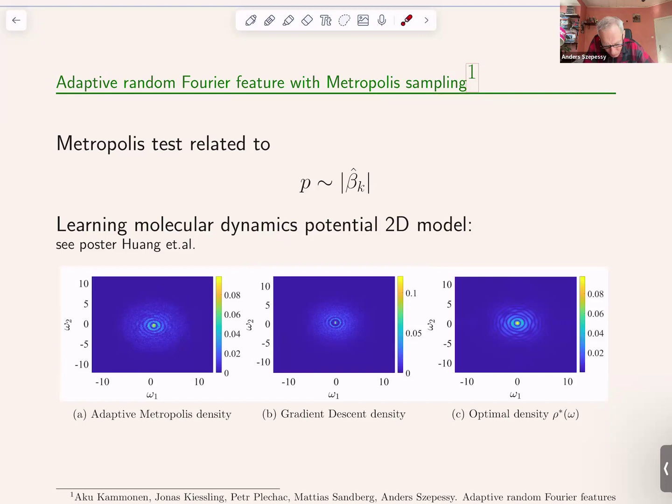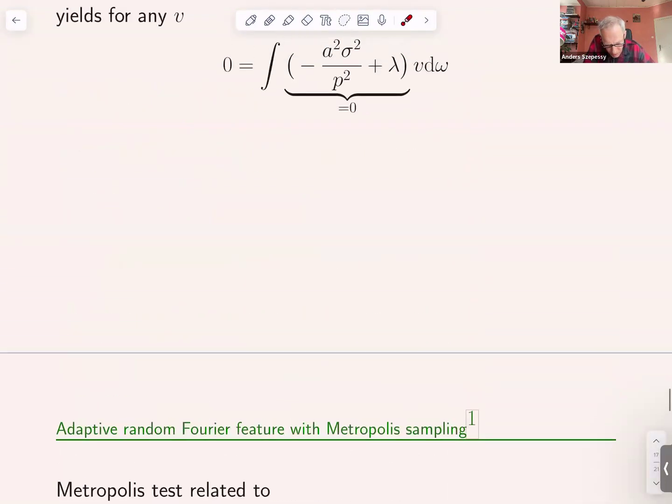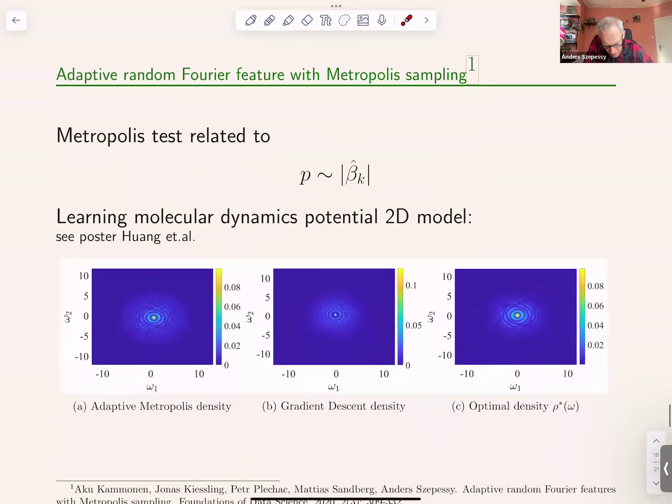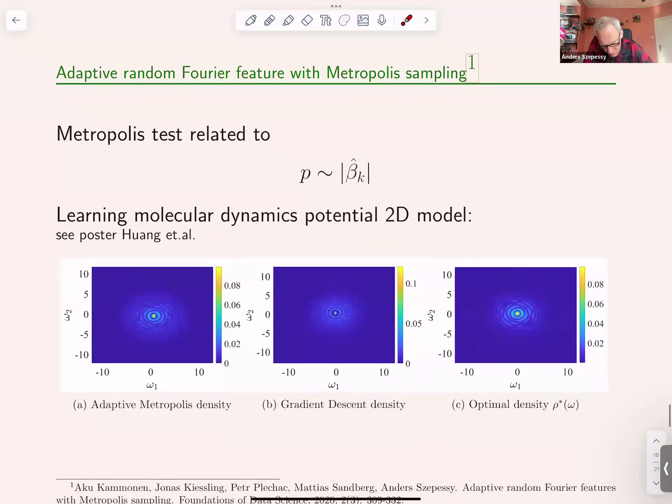So we see that the optimal density has to do with the amplitudes A. And we don't have them, but what we have are the neural network amplitudes.